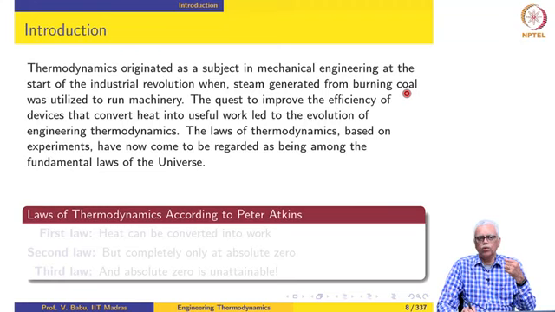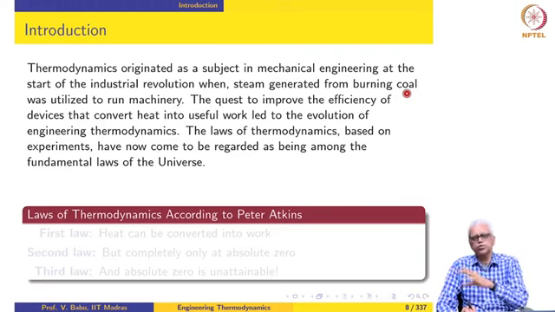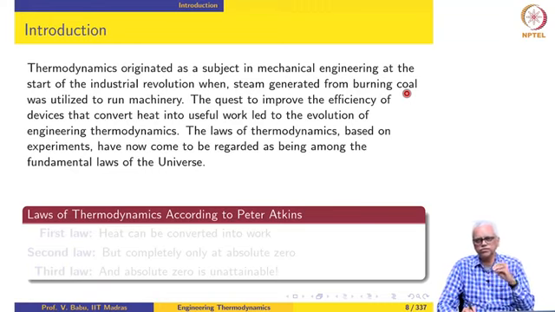What I expect to get as output work from the machinery is something close to this calorific value. If the calorific value of coal is, let us say, 25 megajoules per kilogram, then I expect to get 25 megajoules of work from the device when I burn 1 kg of coal. That is under ideal circumstances.